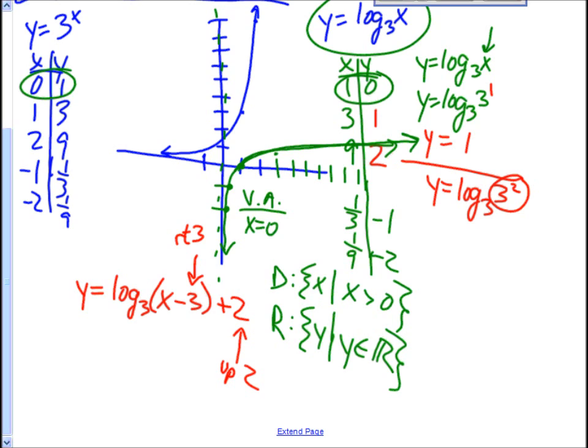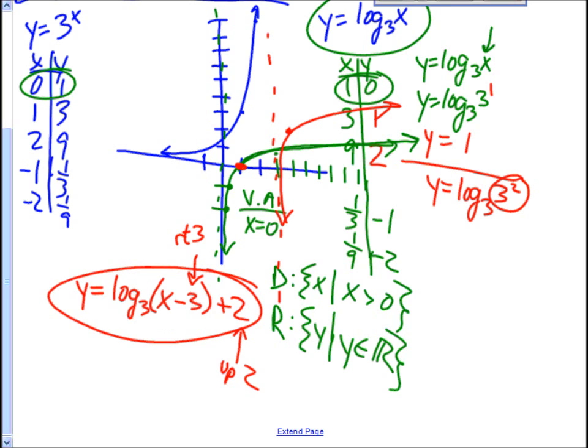So I would take this point right here, 1, 0, right 3, up 2. Now it's right there. And I've shifted my original vertical asymptote, x equals 0, to the right 3. Everything shifts right 3 and up 2, and I could do the rest of them. That's kind of what it looks like there. I can do all those shifts with it.